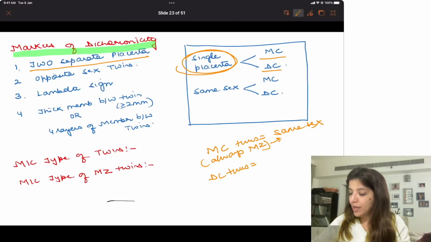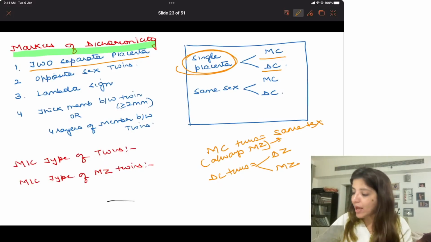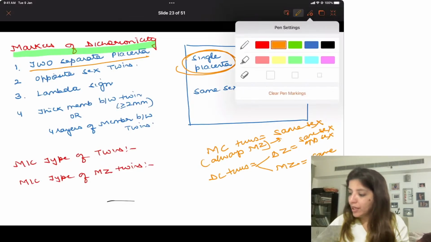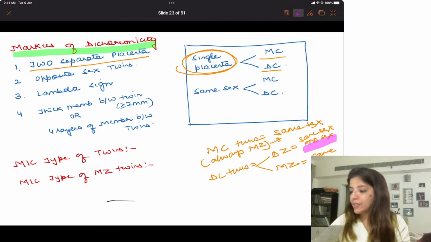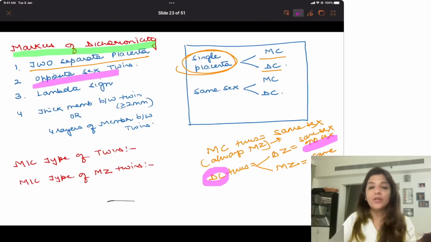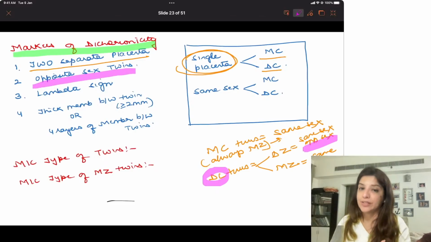Dichorionic twins can come from dizygotic, they can come from monozygotic. If they are coming from monozygotic, they will have same sex. If they are coming from dizygotic, they may have same sex, they may have opposite sex. In other words, if you are getting opposite sex, then you can be sure that they are dichorionic. If you are getting same sex, you cannot be sure whether it is dichorionic or monochorionic. So opposite sex twins also means dichorionicity.